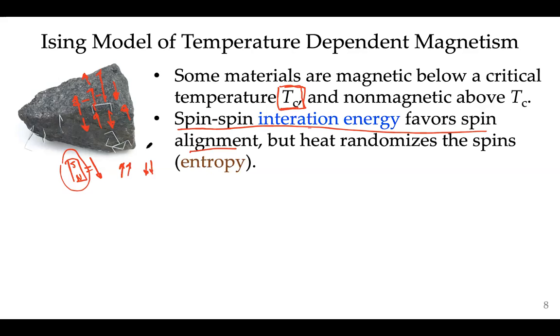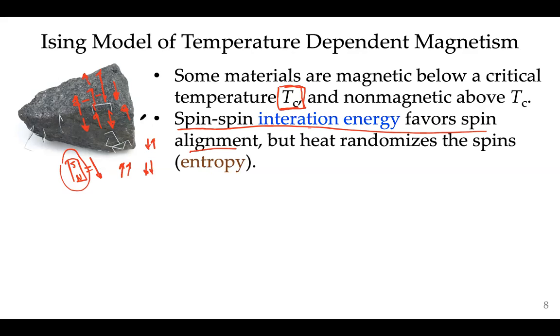If they're not aligned, up, down, the force between them, which comes from quantum mechanical and electromagnetic interactions, would try to flip one of the spins so that they are in the same direction. But energy is not the only player here. There's also heat.